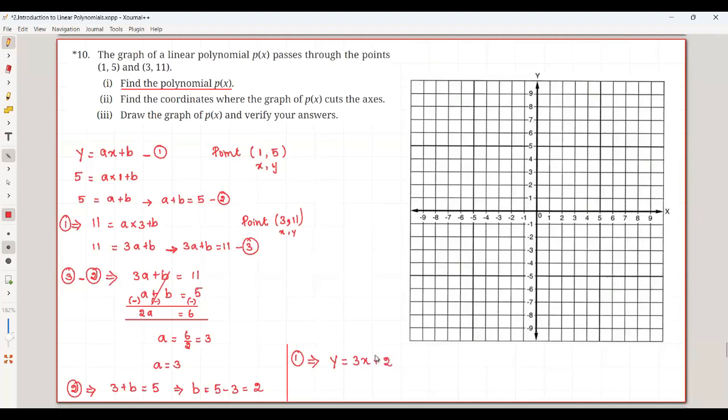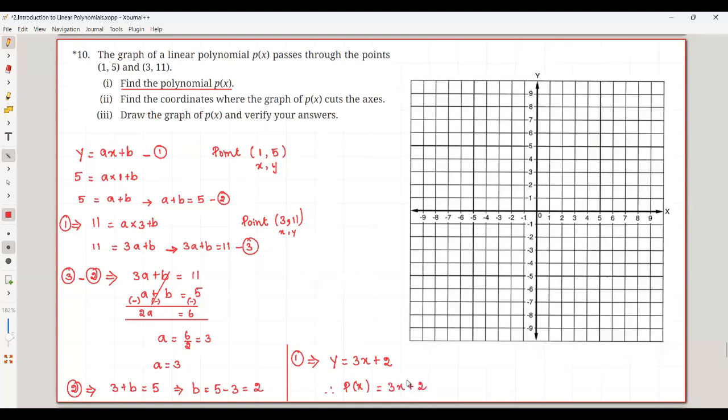This is our required polynomial: 3x plus 2. They are asking for p of x, so instead of y is equal to, we can write p of x. Therefore, P of x is equal to 3x plus 2.